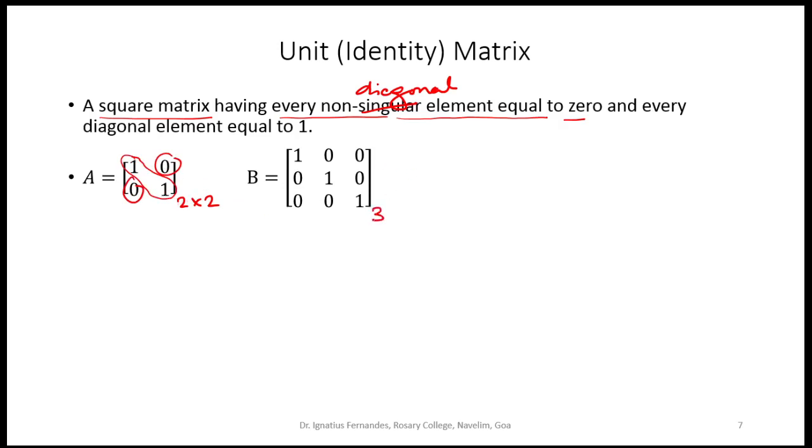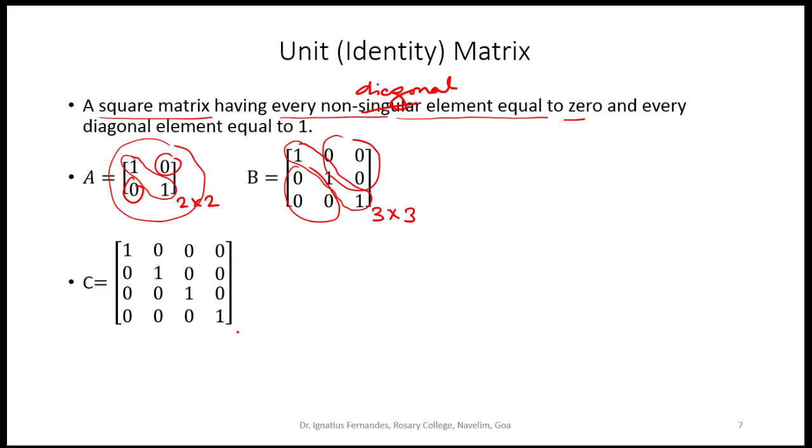The same way, this we say is a 3 by 3 identity matrix. So this is a 2 by 2 identity matrix, and this is something that we are going to use very often in the future modules. This is a 3 by 3 identity matrix, all diagonal elements 1 and non-diagonal elements 0.